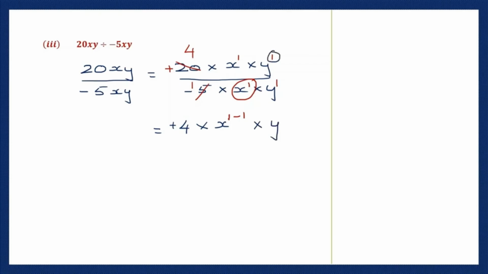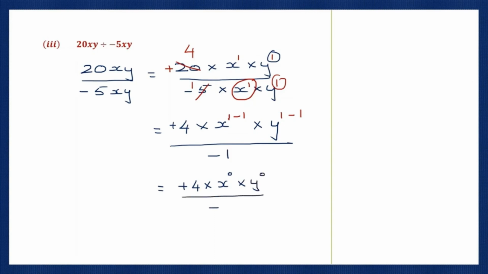I'll take this 1 minus this 1. Okay, and in the denominator, I have minus 1 only left. Everything else has been removed. So plus 4 into x to the power of 1 minus 1 is 0 into y to the power of 1 minus 1 is 0, and in the denominator, minus 1.